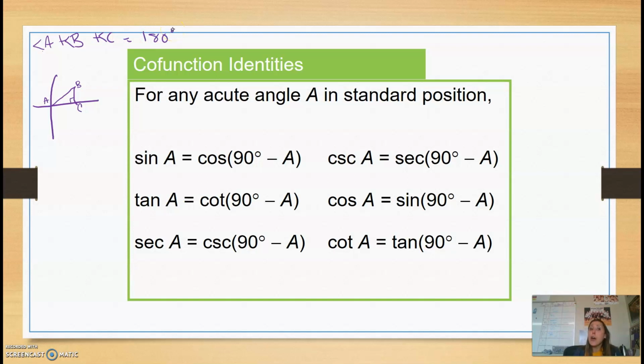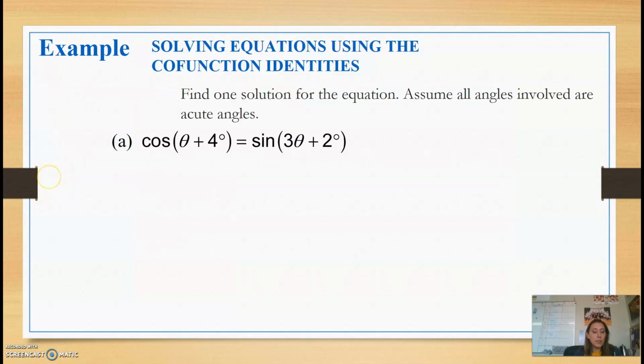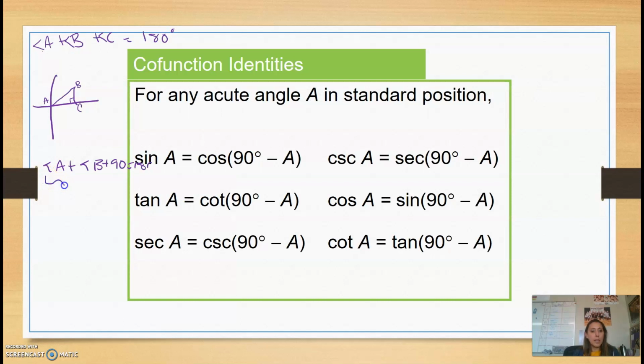But if we know that angle A plus angle B plus 90 is equal to 180, then we know that these two angles right here, angle B and angle A, have to add up to 90 degrees. So that's what we're saying. If we know those things, then we can take that idea and apply it to all of these. So make sure you hit pause and get this in your notes.